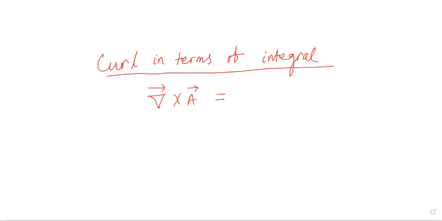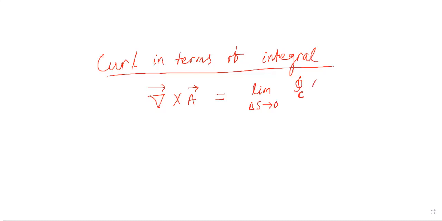I will write this as a limit, in the integral form. Del S tends to 0, where del S is the infinitesimally small area I'm referring to. And here I can write the closed contour integration. Contour means it represents a line, or line segment, on any plane.